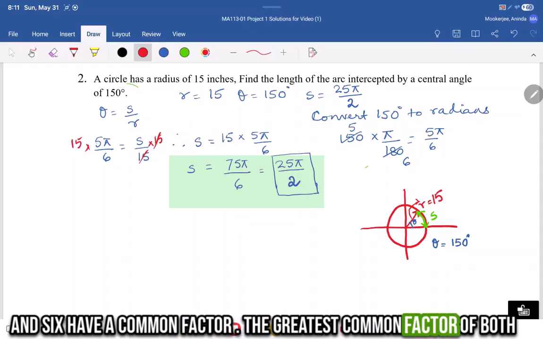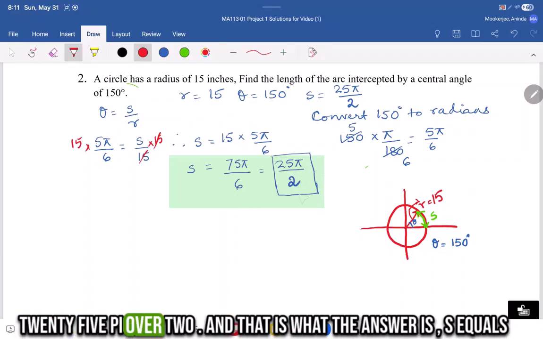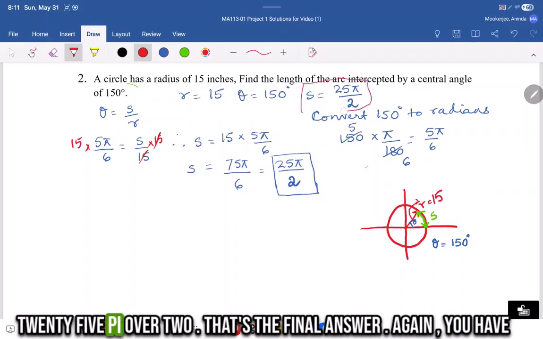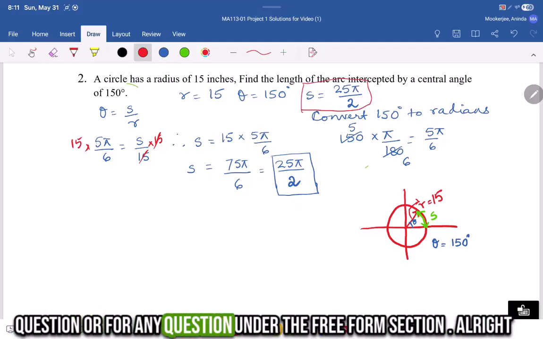The greatest common factor of both these values is 3. So we can reduce this further and write it as 25 pi over 2. And that is what the answer is. S equals 25 pi over 2. That's the final answer. Again, you have to remember to show all your steps to get full points for this question or for any question under the free form section. All right?